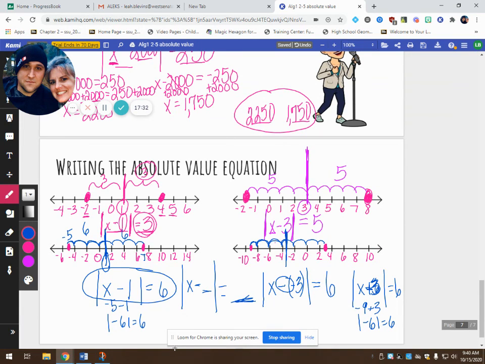Again, it's the absolute value of x minus the midpoint is equal to the distance between the end point and the midpoint. So this is my midpoint. These are my endpoints. So that is how we come up with the equation.